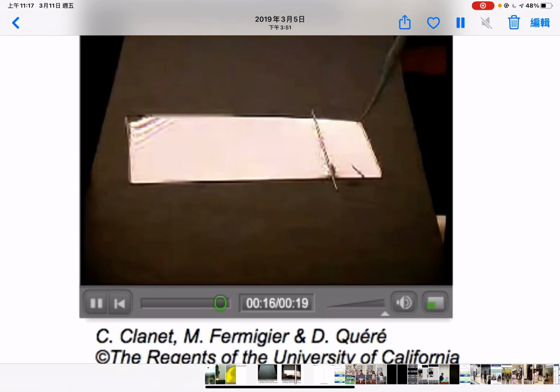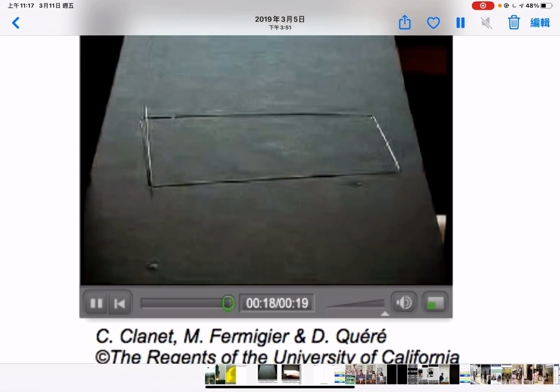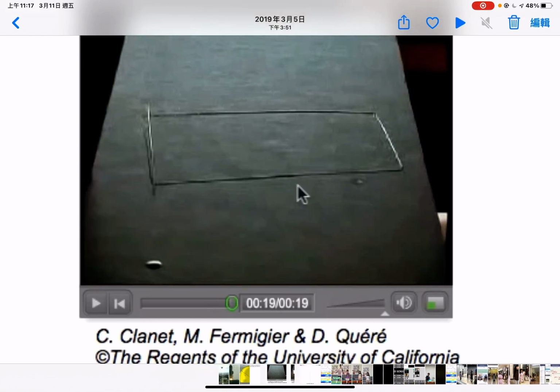But somebody just broke the force balance, and the needle will drop down. So that's the idea of how the needle can float. That's because the surface tension provides the force upward, and overcomes the weight of the needle.